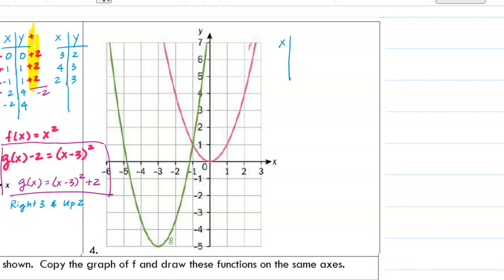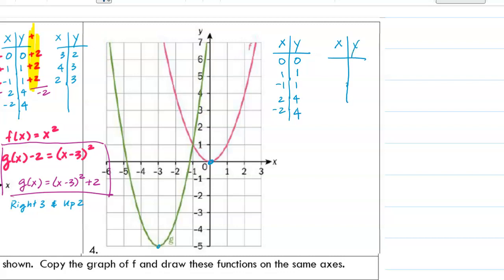So once again, the parent function: 0, 0; 1, 1; negative 1, 1; 2, 4; negative 2, 4. Okay, let's see where the vertex moved. The vertex moved negative 3, negative 5.